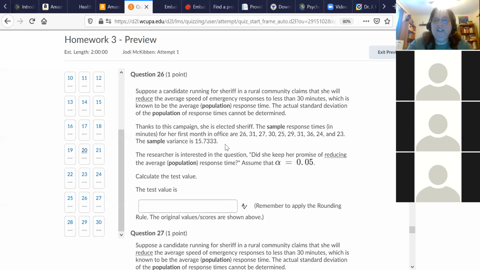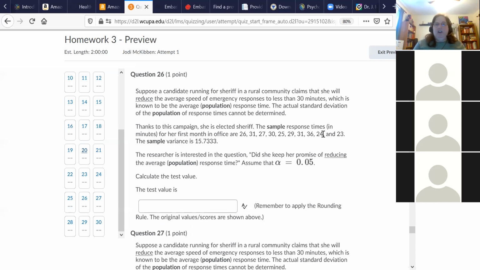Now this time it's S squared, so we better take the square root of S squared over the square root of N. Before, if this had been S, a standard deviation, it would just be this number over the square root of N. But because it's a variance, because it's S squared, it's the square root of S squared over the square root of N.